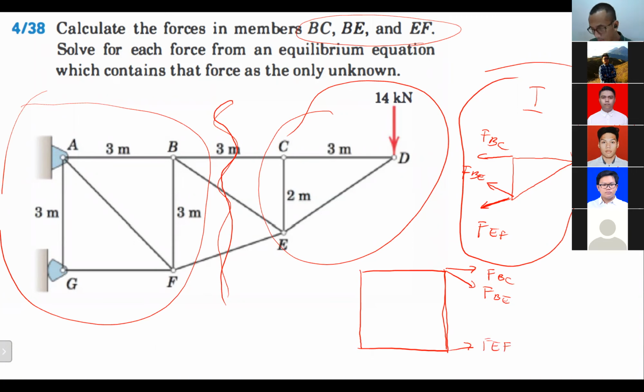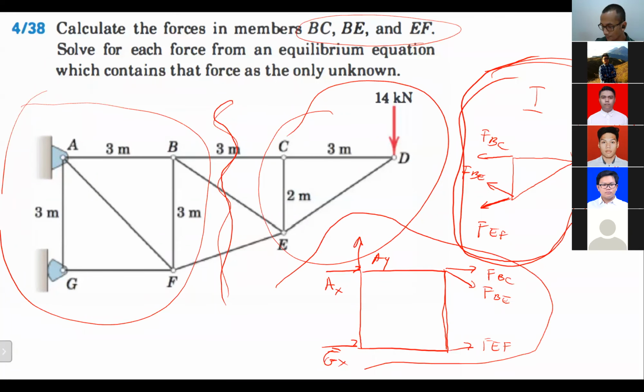But that's not all, because at point A there is a pin joint and at point G there is a roller joint. So we have to add the reaction forces here as well: AX, AY, and GY. Actually, it's not GY, but GX. Yes, the direction is GX. So this is the result of the right free body diagram, and this is the result of the left free body diagram.